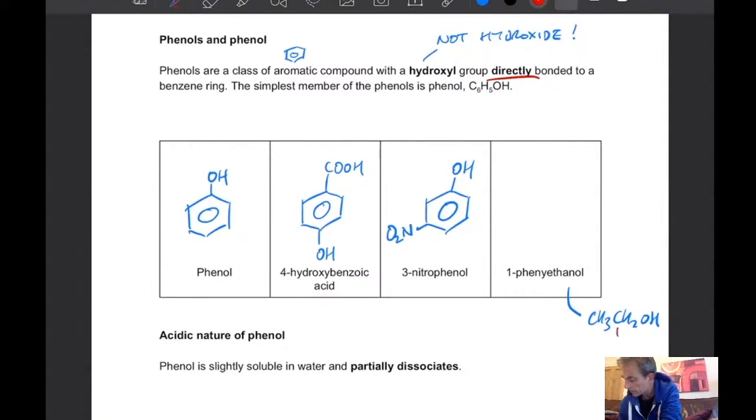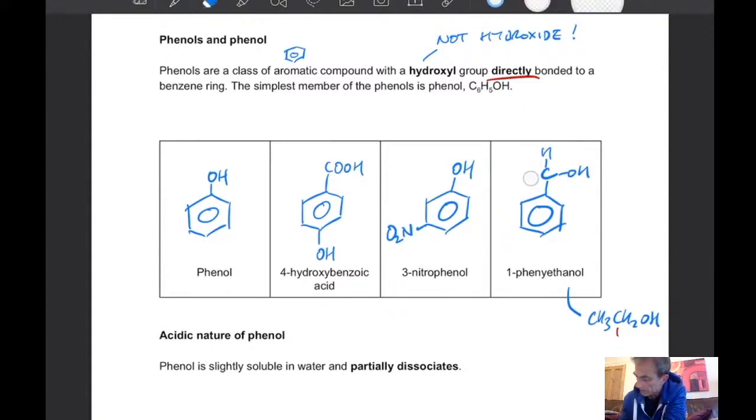So if we're going to make 1-phenyl ethanol, we need to do this. So there's the phenyl group, it's obviously a benzene ring, but we need it to join to, so it's that. So it would look like that. Or if you wanted it fully displayed, you could do it like this if you prefer.